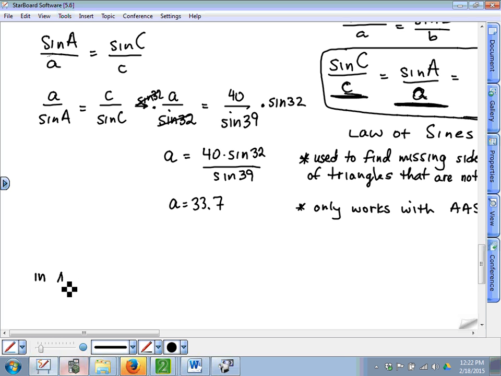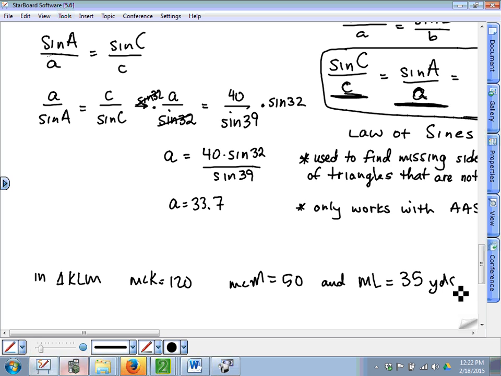So it says in triangle KLM, measure of angle K is 120, measure of angle M is 50, and ML equals 35 yards. What is KL?